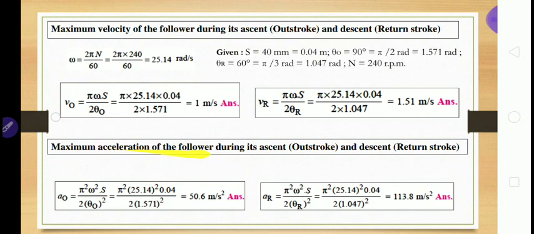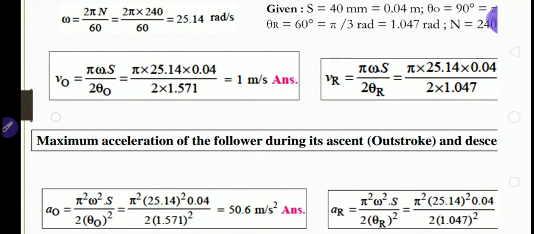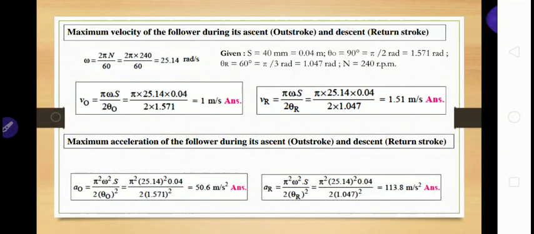Secondly, it is also asked to find out maximum acceleration during the ascent and descent, that is outstroke and return stroke. We are also having formula for that. Maximum acceleration during outstroke is pi square omega square s divided by 2 theta o square. Just you have to make the square of this velocity formula by skipping s divided by 2. So we are skipping this s divided by 2 and squaring all the terms.